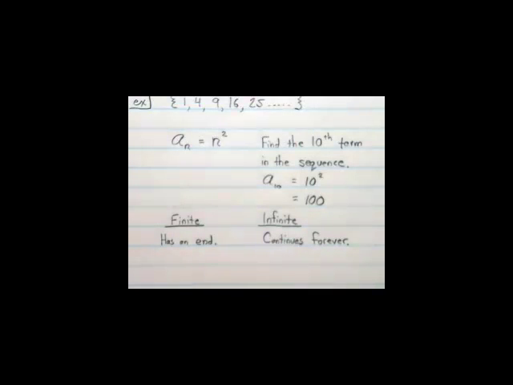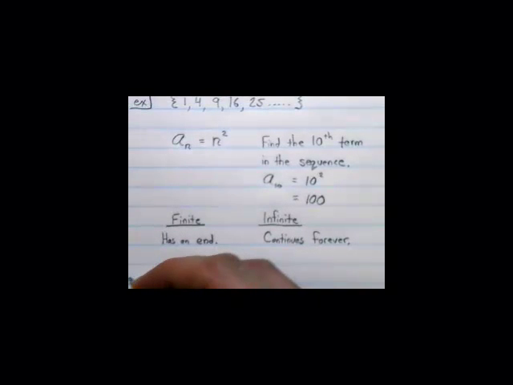Okay, so we'll look at some. Both of those, though, you can come up with a formula like we did here. There's going to be a pattern in there somewhere that you're going to use. And so you can follow that pattern to the end in a finite one, or you can continue that pattern as far up as you want to go with an infinite one. Okay?